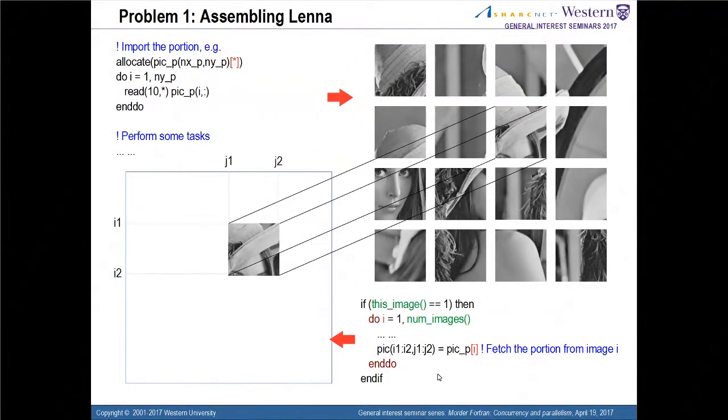And after it's done, I am fetching this piece from process i or image i and putting it into the corresponding location in my whole array pic. And that's all. There's no explicit message passing call, and everything is hidden under the hood. Okay.